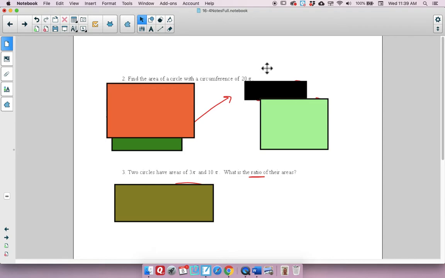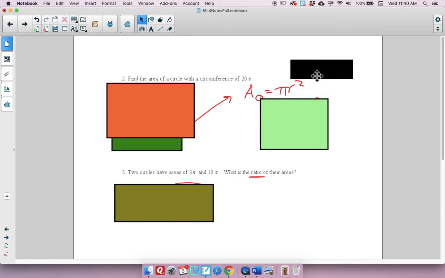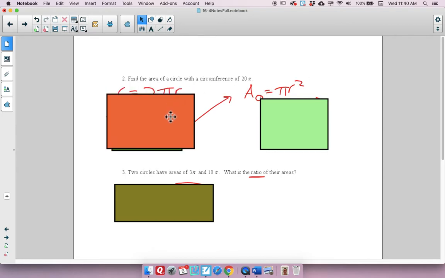Okay, so I need to find the area of a circle with a circumference of 20 pi. I know the circumference. In order to find the area, I know eventually I'm going to have to use pi r squared. Okay, well, I don't have the radius, but I have the circumference, and I know circumference is equal to 2 pi r.